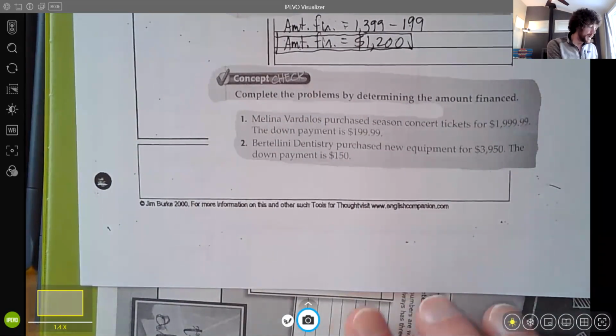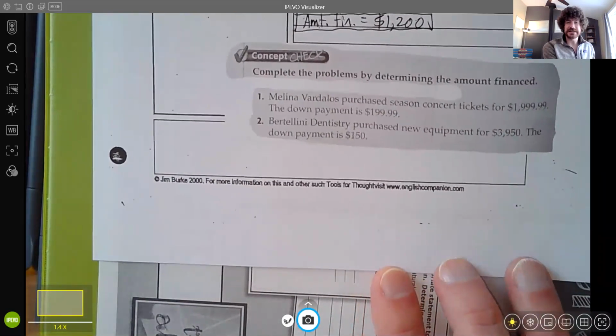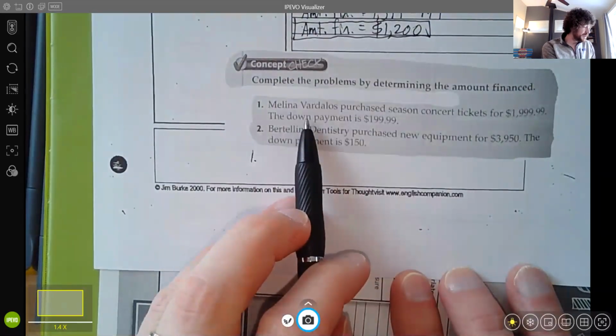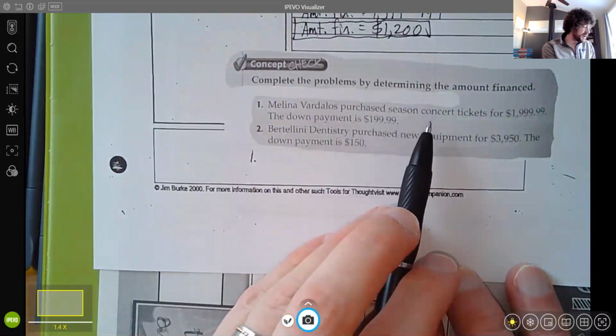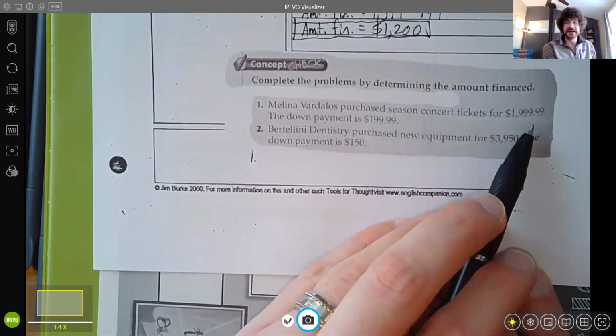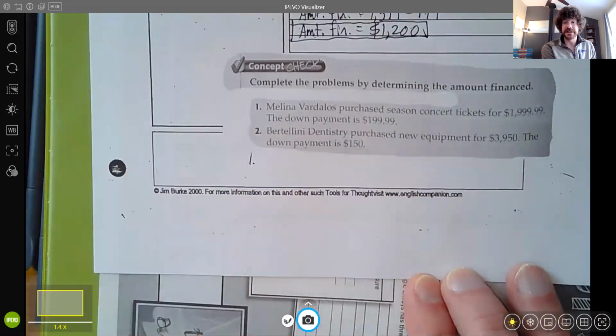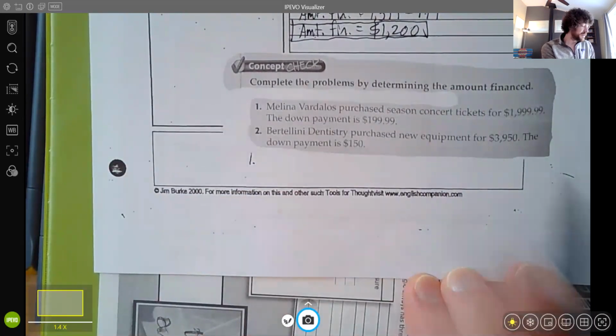So let's go ahead and take a look at these two examples down here. Number one: Melina Verdolos purchased season concert tickets for $1,999.99. The down payment is $199.99. So we are determining the amount financed.